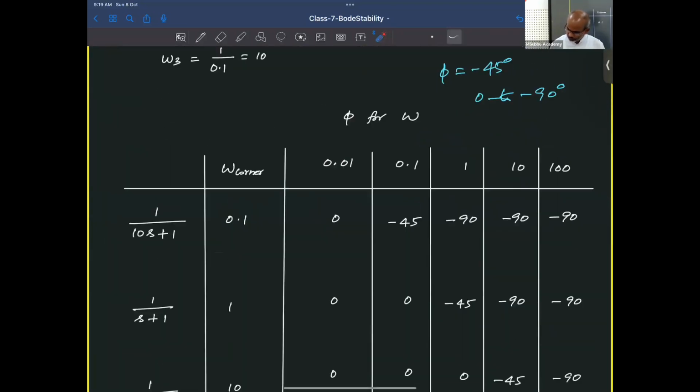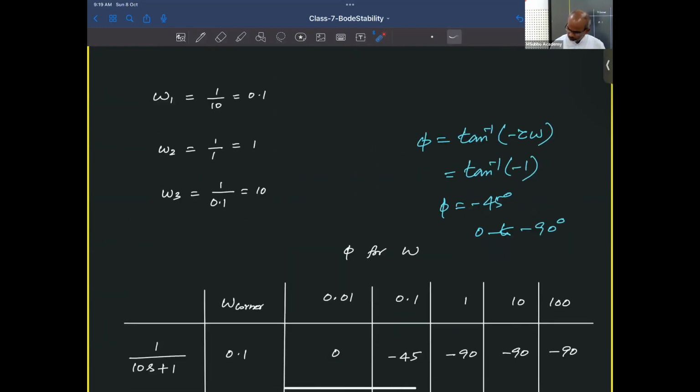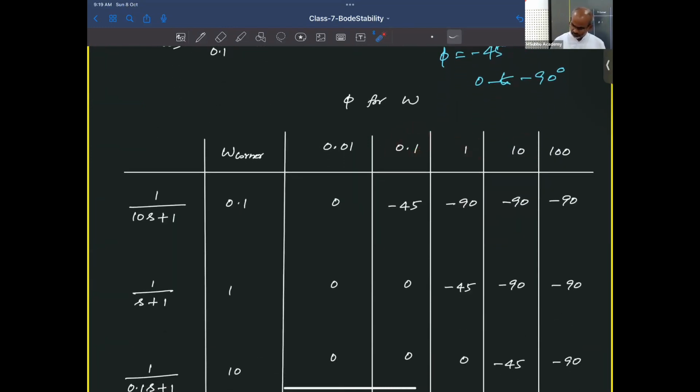Now, what did we do? These corner frequency points are 0.1, 1, and 10. For 0.1, 1, and 10, in addition we also have the other data, 1/10 of this 0.1 and 10 times of this 10. So that is to get the phase angle from a point of 0.01. For the corner frequency of 0.1, the phase angle at 1/10 of it is roughly about 0, and at 10 times of this, the phase angle is roughly minus 90.